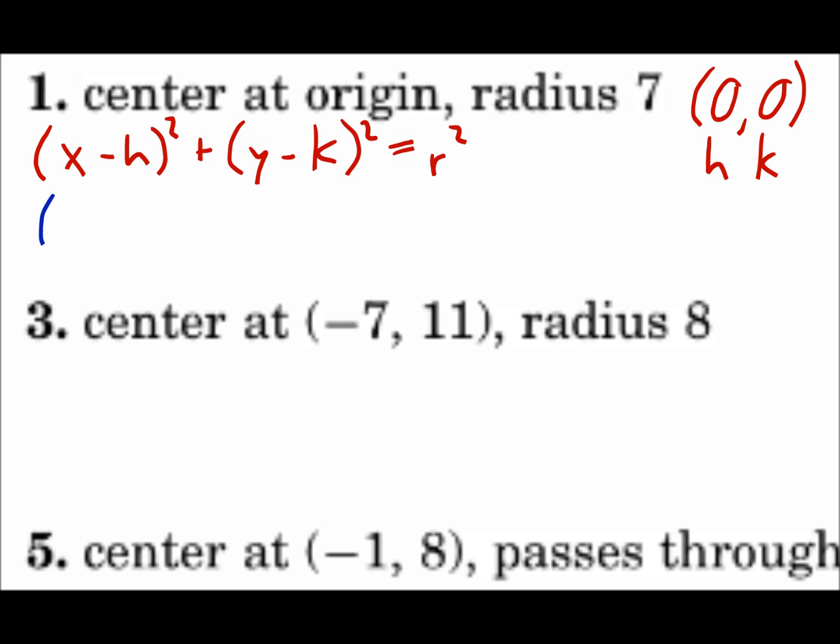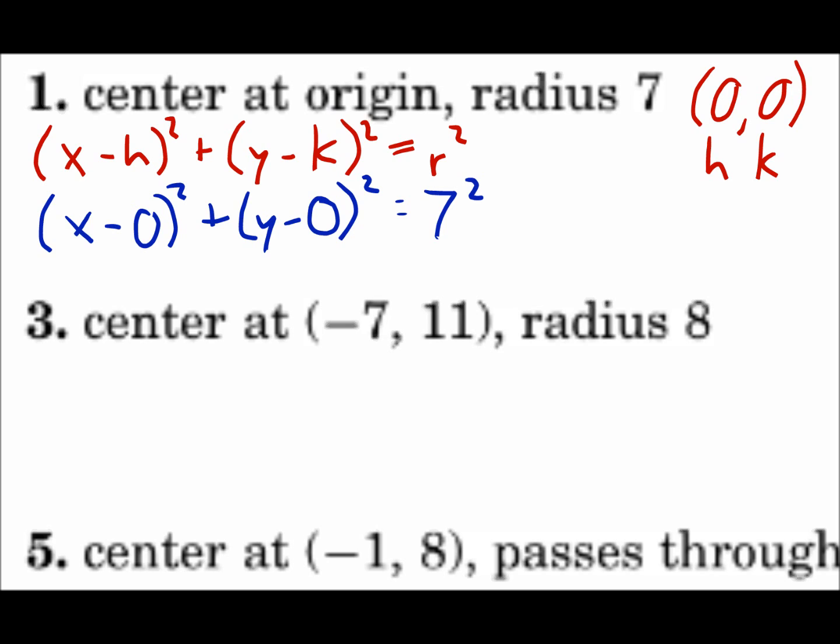So we'll say (x minus 0) squared plus (y minus 0) squared, substituting in h and k, equals r squared, and r is 7.